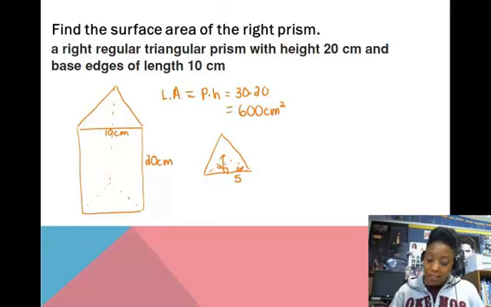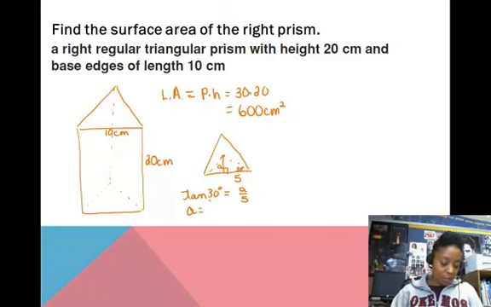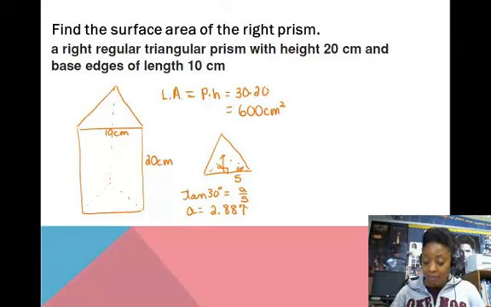And so we've got to find the apothem. So we would say the tangent of 30 degrees is equal to a over 5. So a is going to be 5 tan 30, which is 2.887. So that's our apothem.